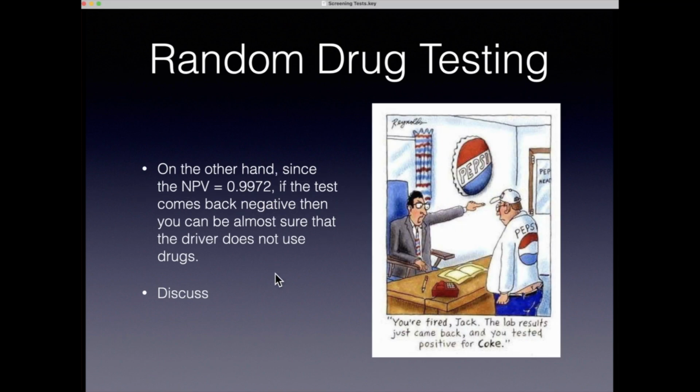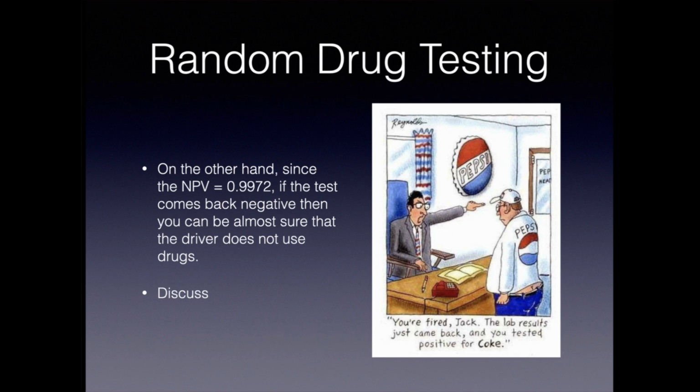So we can be very confident that a person is not using the drug when their test comes back negative. But on the other hand, if their test comes back positive, we really can't be too sure about whether or not they're actually using the drug, and we would need to be very careful in making decisions in that case.